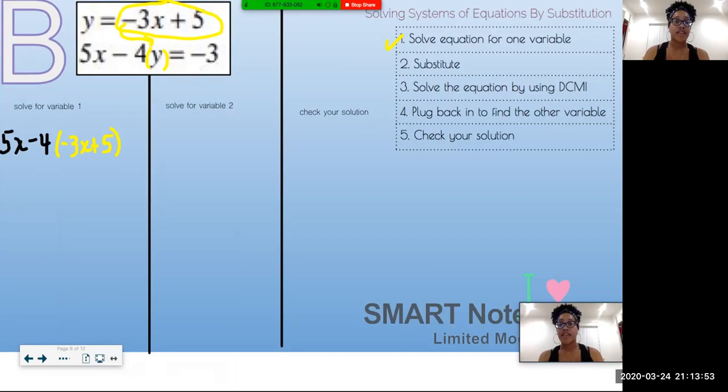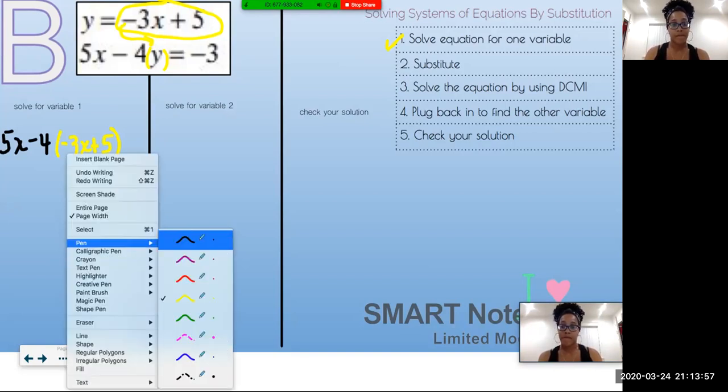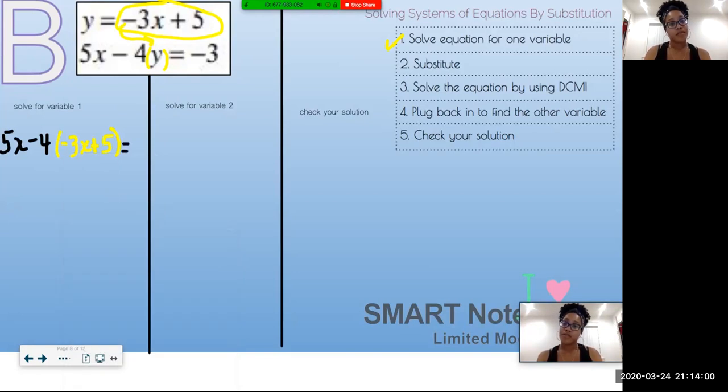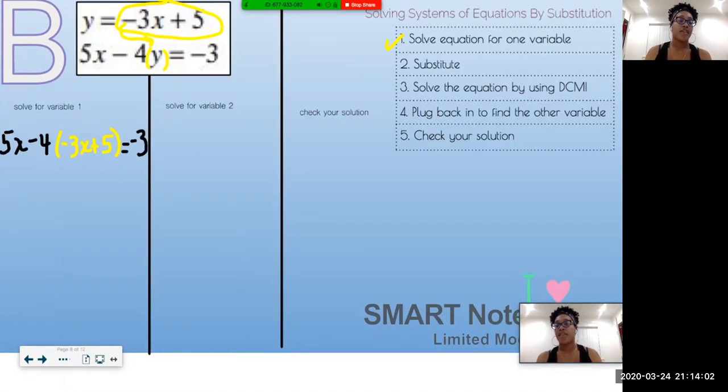And all of that is equal to negative 3. Awesome. Okay. So same like before, we made sure that one variable was by itself. We substituted. Now it's time to solve that equation using ZCMI.